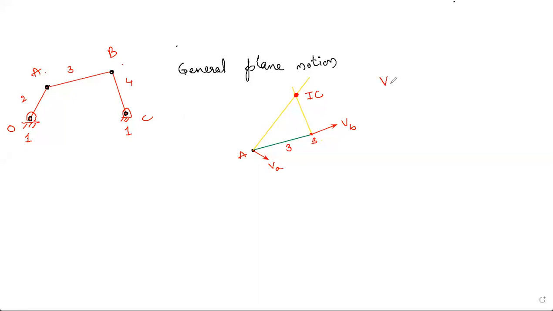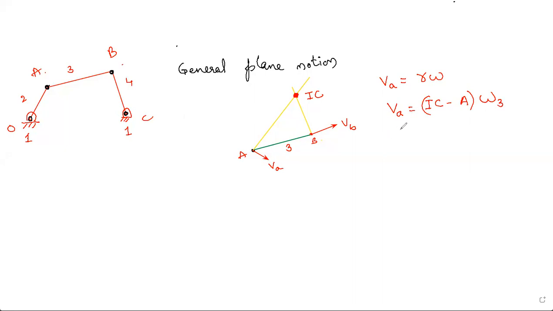So I can say VA is equal to R omega. Now what is R? According to our previous definition, R is the distance from the center of rotation to the point on which we need to find out. What is the center of rotation? IC is the center of rotation. From here you have to measure till point A, right? And omega is of link 3. So omega of link 3.